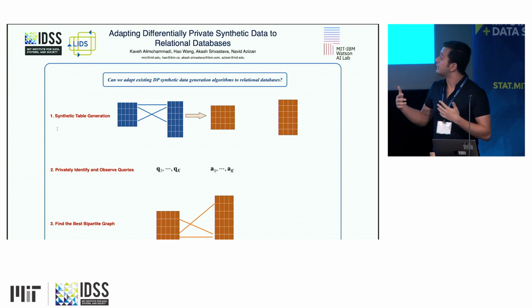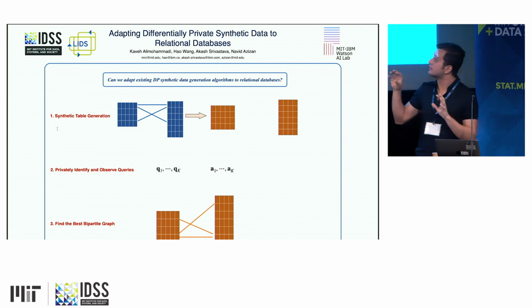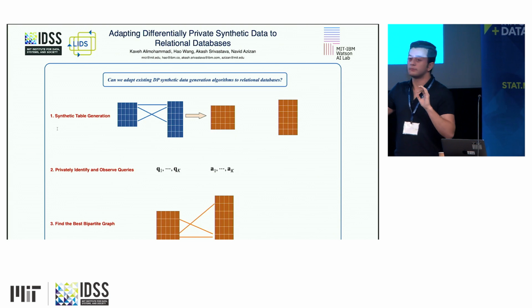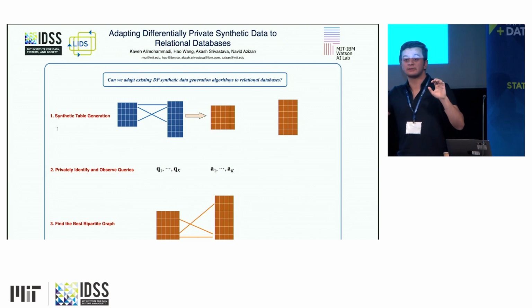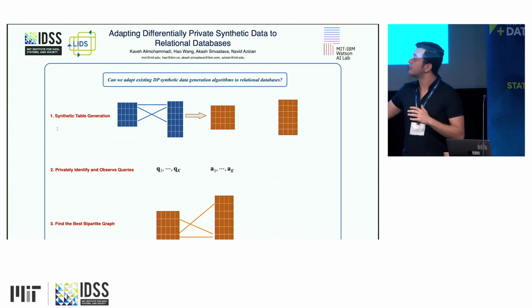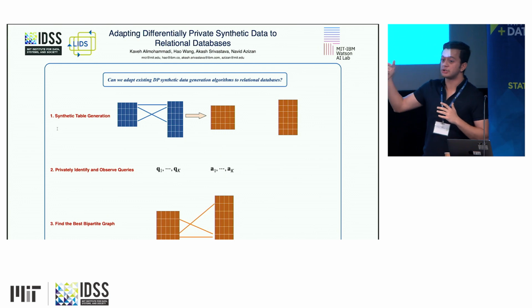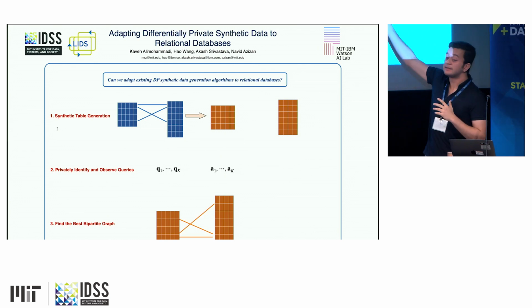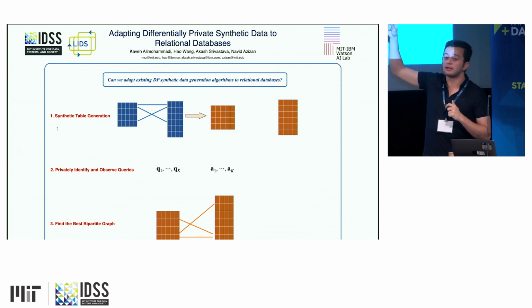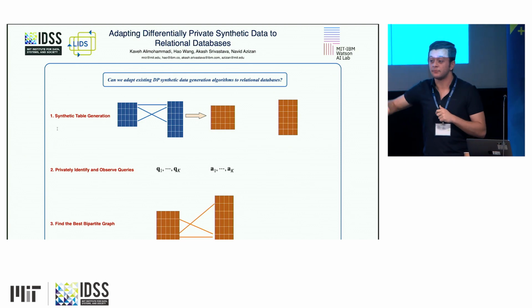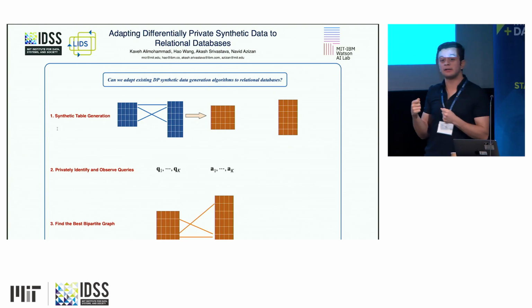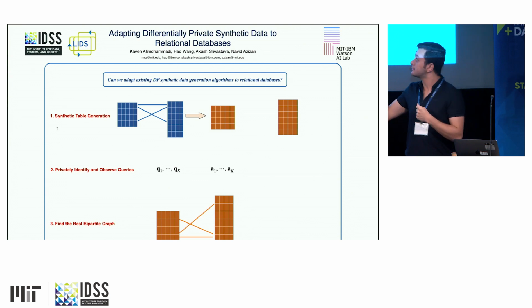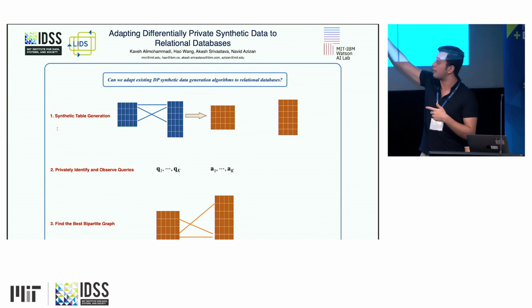And how we do that in an iterative way. First, we create the individual tables independently, and then we try to learn the best relationship for the synthetic tables that explains the original instance. How we do that, we privately identify the important cuts. As you can see, it's a bipartite graph there.